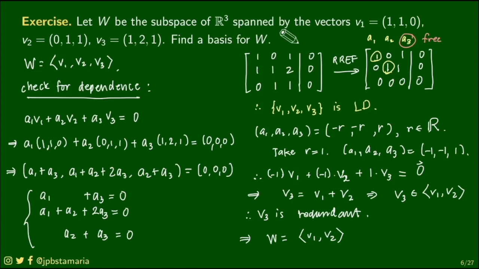In this case, only one column doesn't have a pivot, therefore only the third vector is redundant. So we can say that the set V1, V2 is a basis for W. The trick is you just look for columns that don't have a pivot. They correspond to redundant vectors. Okay?